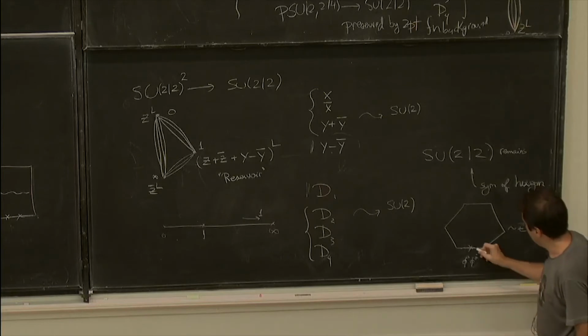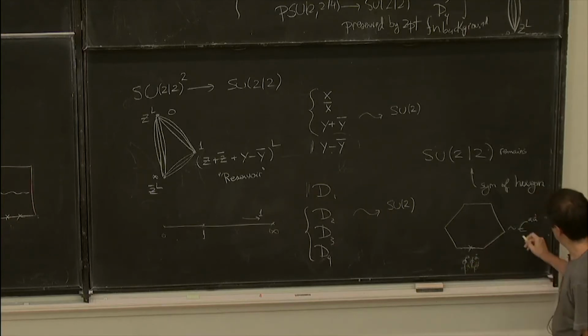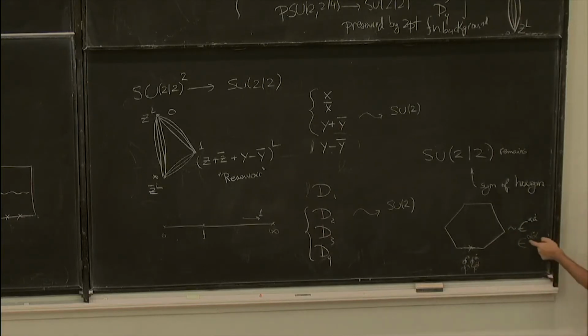For derivatives, if it was derivatives instead, let me do a different color. If this was derivatives, then it would be a psi alpha dot, and the same thing, I would say the result needs to be proportional to epsilon alpha alpha dot, which tells me that there is one particular combination, one derivative I can put. The other derivatives, I can't put just one derivative. Okay?